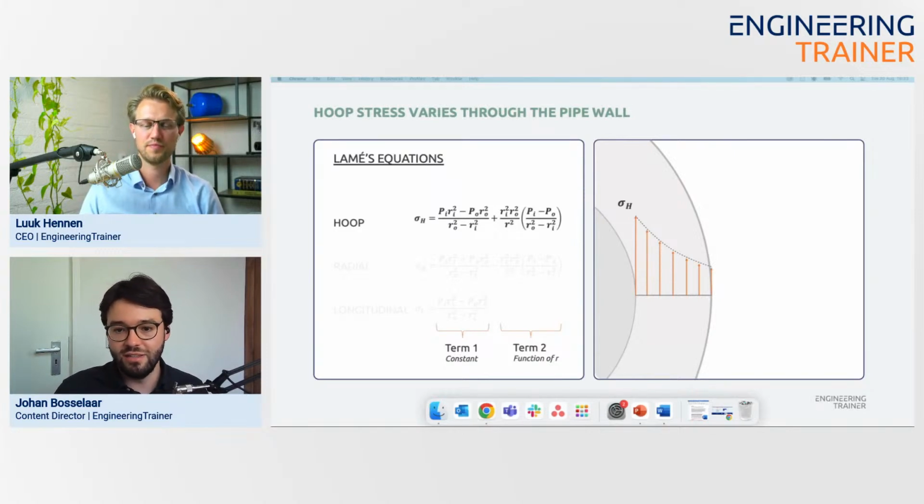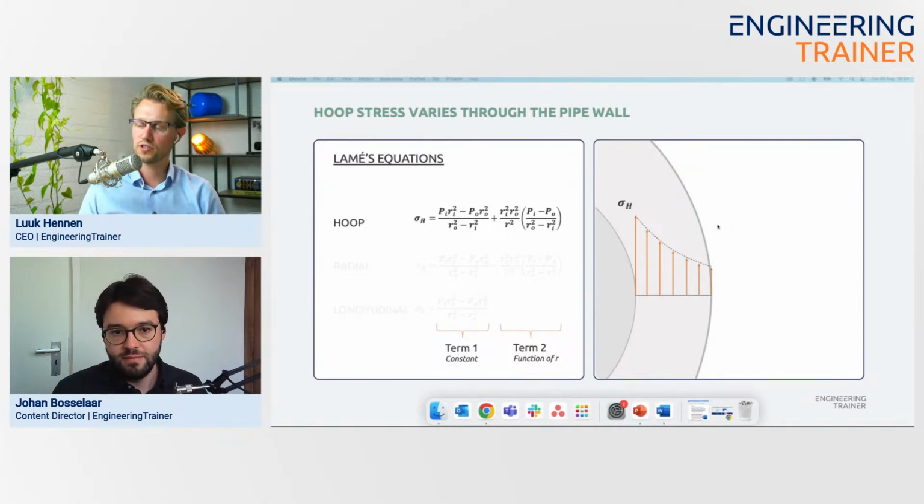So this entire graph to the right will be flipped upside down, and everything becomes compressive, with the highest compressive stress on the inside and then a reduction to a compressive stress on the outside, in case the external pressure is higher than the internal pressure.